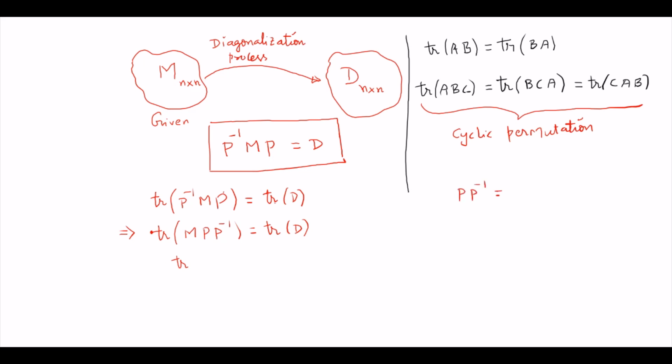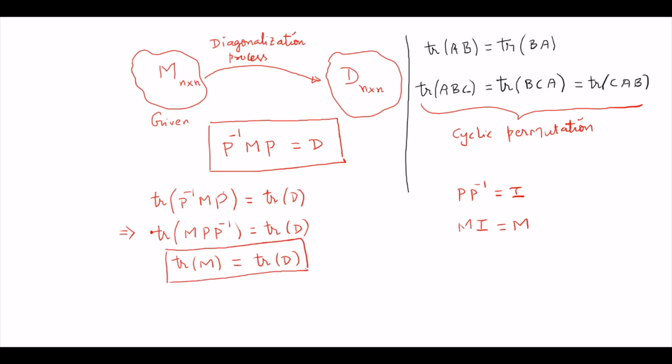This becomes the identity I. Any matrix times its inverse gives you I, the identity matrix. Now if you multiply M with I, this will give you M, because the identity matrix does nothing. So we get M itself, and the trace of M is equal to the trace of D.